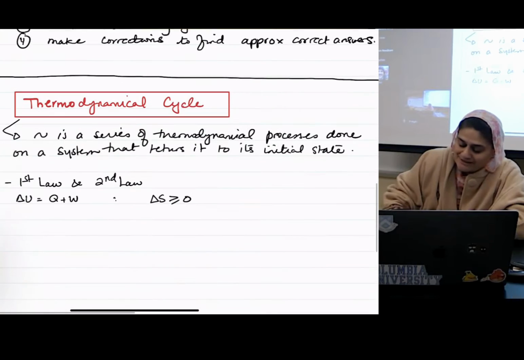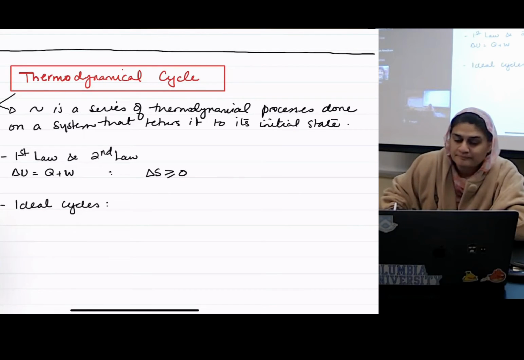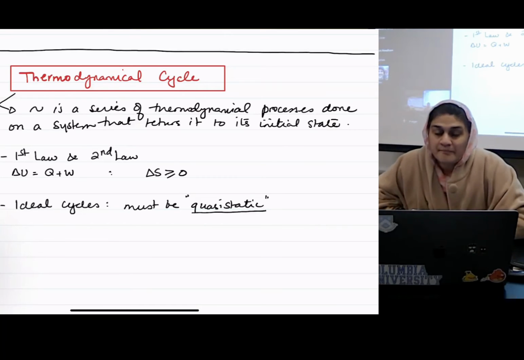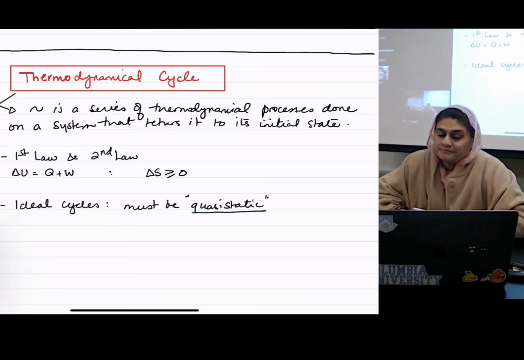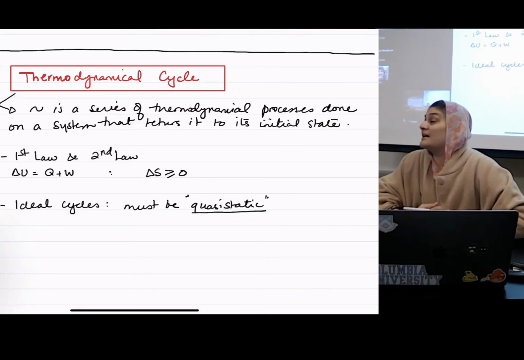Okay, so ideal cycles must be quasi-static. What does that word mean? Not changing. Yes. So they go from one equilibrium state to the next, slowly changing.